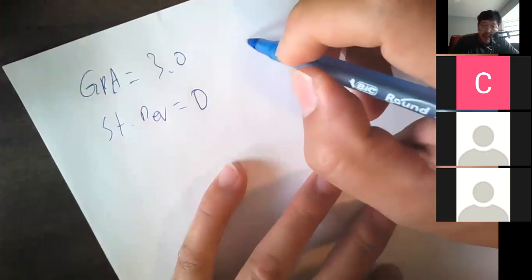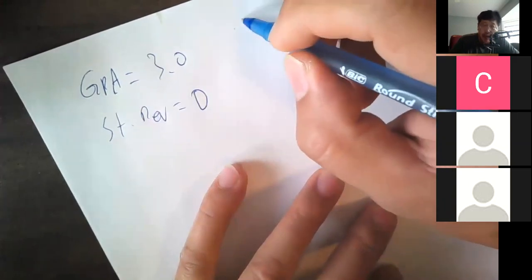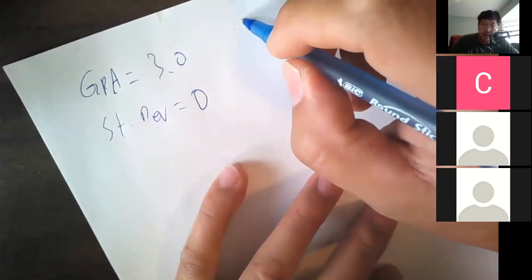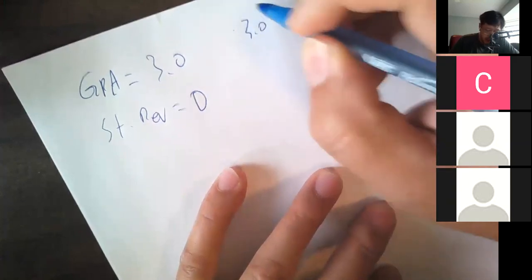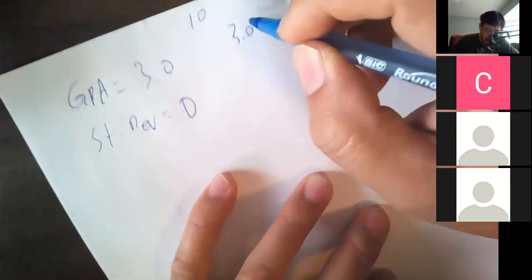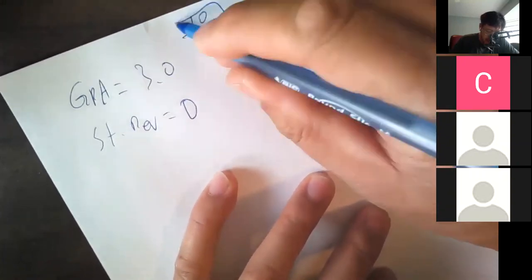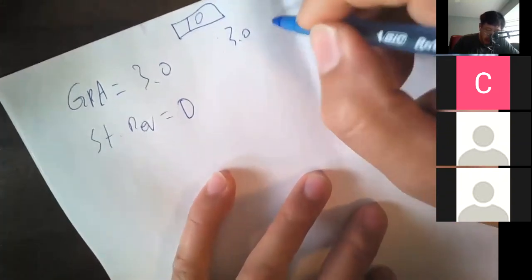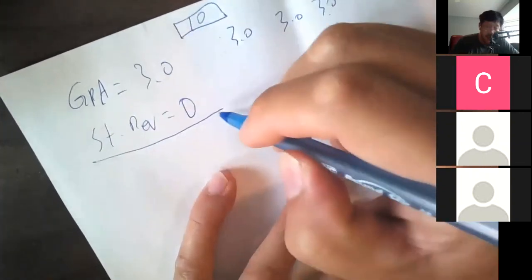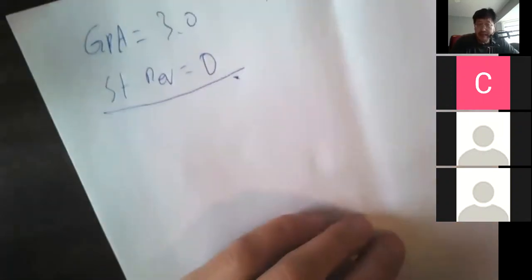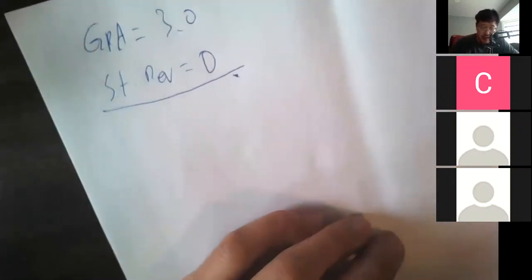That implies every course you take, your grade is 3.0. So if you have taken 10 courses so far, all 10 courses are 3.0. So that's called standard deviation of 0. There's no standard deviation, so every grade is 3.0.